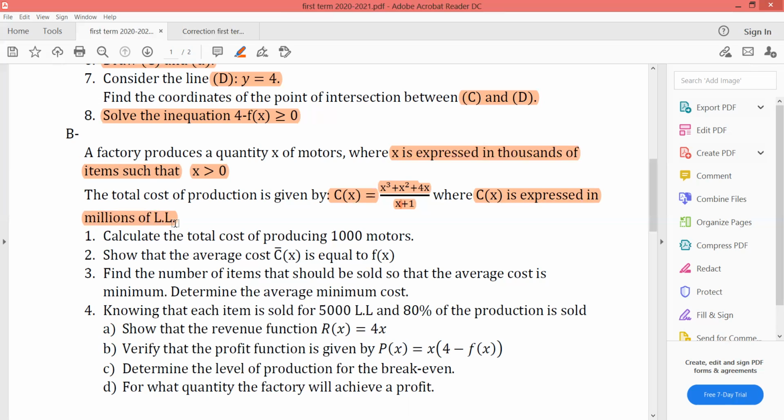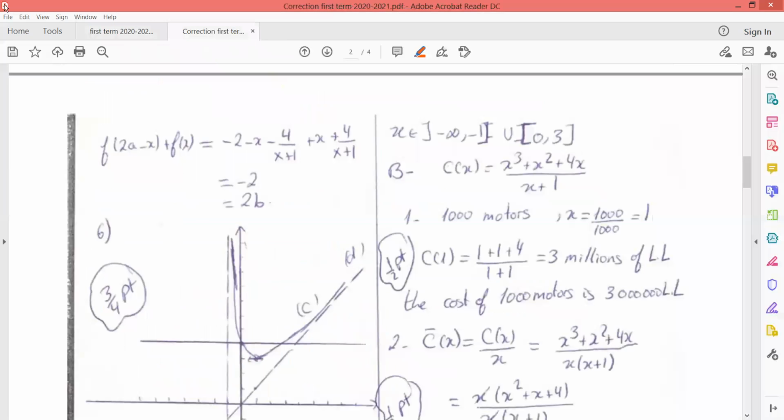Part 1. Calculate the total cost for producing 1,000 motors. We are going to calculate C. So we replace X by 1. Why by 1? Because it is in thousands.